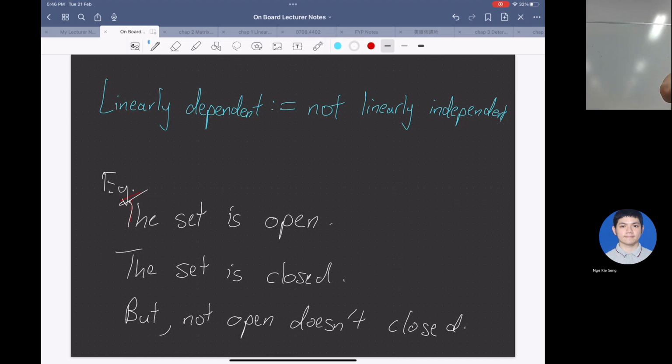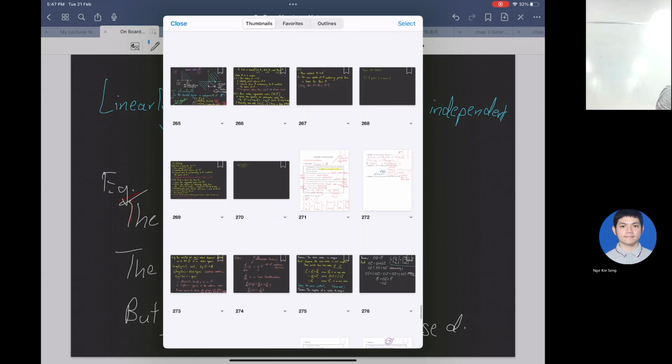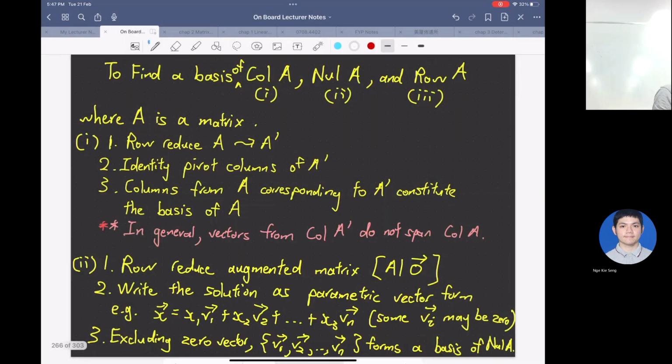Any other question? Find the basis for the null space of A, and in it we row reduced, and then we get the answer and write it as parametric vector form, x equal to.